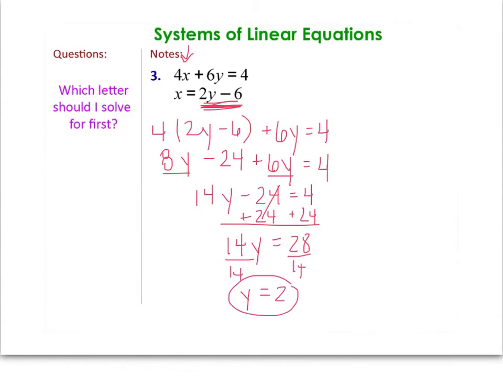So now I'm going to take this answer from equation 1 and plug it back into y in equation 2. So I have x equals 2 times y, well y is 2, minus 6.